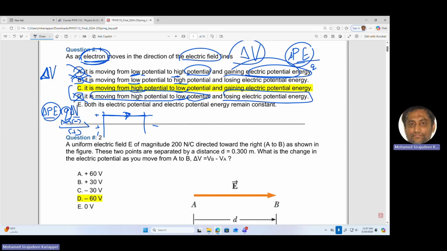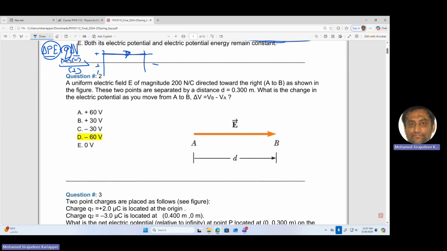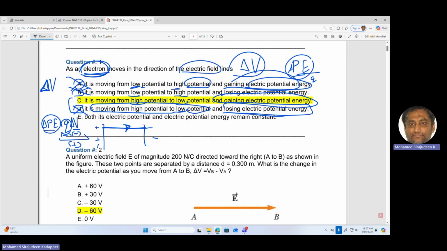But this is wrong because the second part is wrong. And this is correct because both parts are correct. Gaining electrical potential energy. So that's what we found out. Delta P is positive, meaning potential energy is increasing. Done. Next question. Suppose I said proton, then the answer will be D.